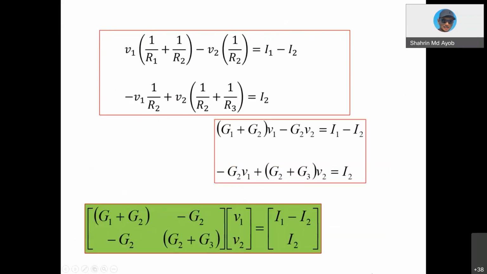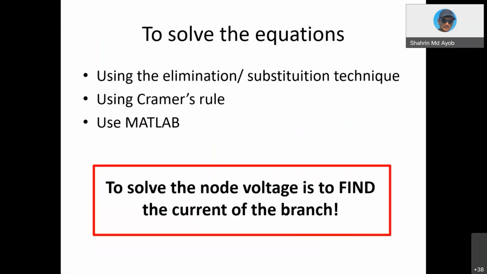As you can see, this is a two simultaneous equation problem. For the exam, we just use a calculator. You can also use other methods to solve the simultaneous equations, either Cramer's rule or MATLAB programming.